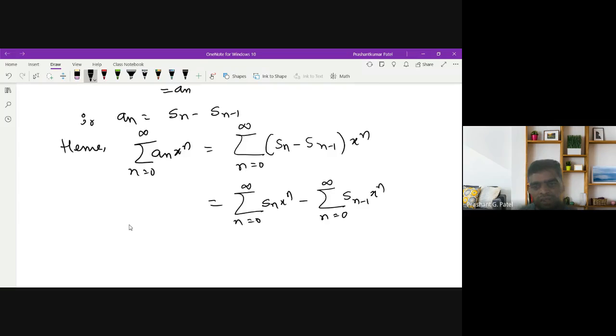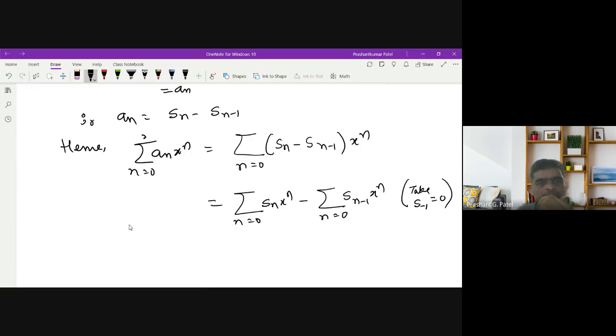When I write Sn minus 1 for n equal to 0, we take S minus 1 as 0. That is the first term that we can consider, otherwise there is no meaning of that quantity. I don't actually want to go to infinity. I want it to be up to some finite quantity.